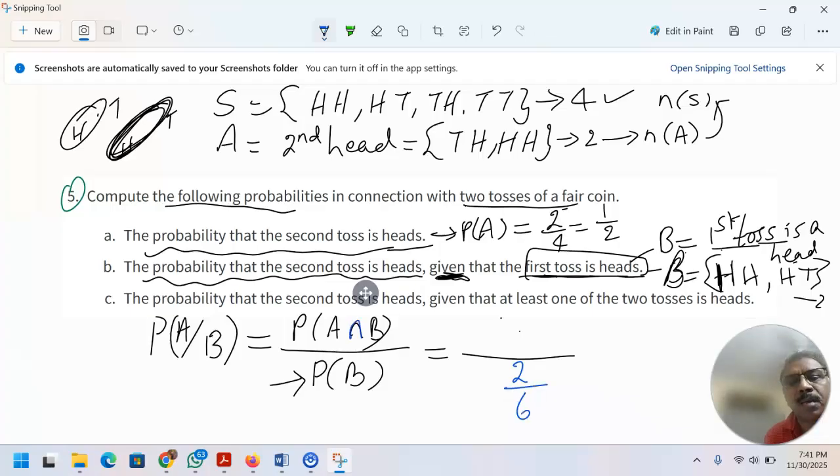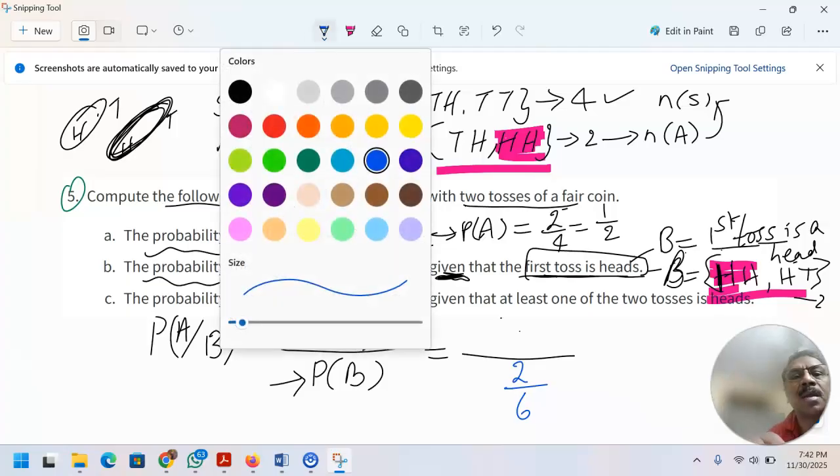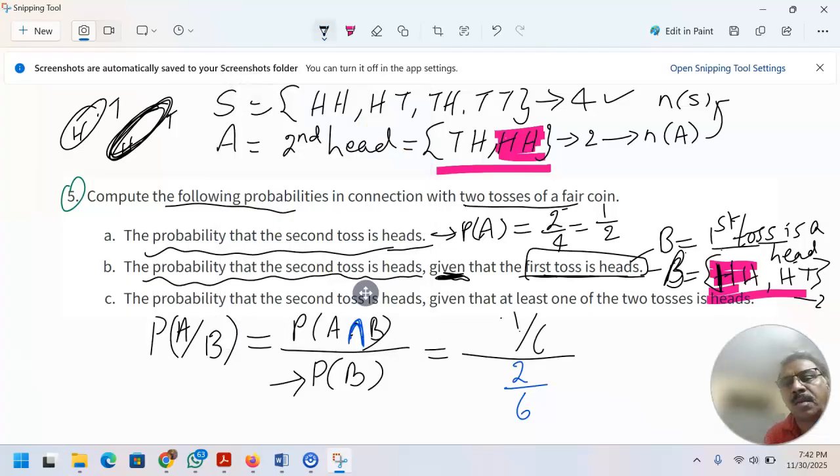But for the top one, what is A? If you see this case and this case, what are the common ones? You can see head-head is common, so there's only one. So this probability is 1 out of 6. When you do keep, change, flip, it becomes 6 over 2, and you end up getting half.